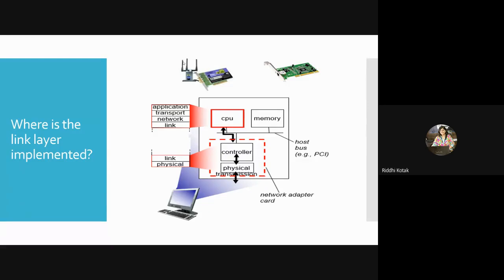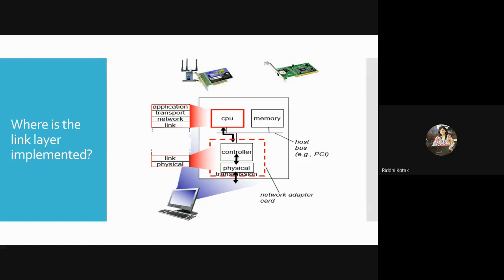We need a controller and physical devices, which can be input/output devices, a printer, or other devices. This is how the hardware devices are there for any network.